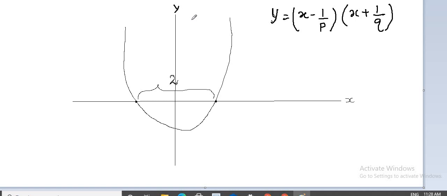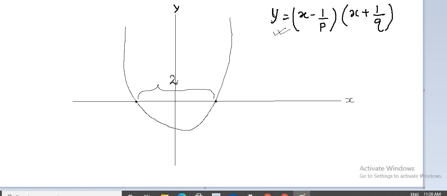Now as you can see, these 2 points represent the intercepts of your graph on the x-axis, which also concludes that these points are the roots of this equation. Now if somebody does not know the definition of root, roots are those points where a graph or the curve intersects the x-axis. That point is termed as the root.